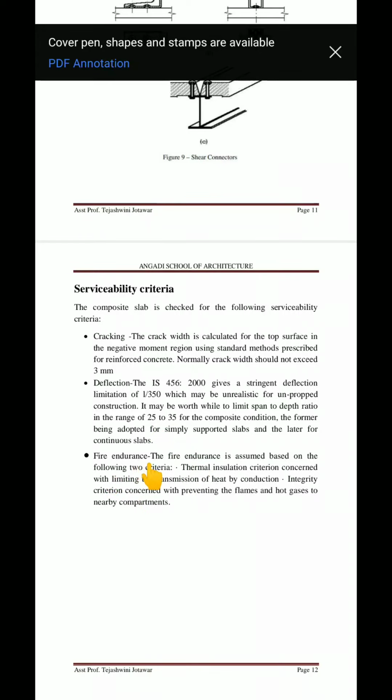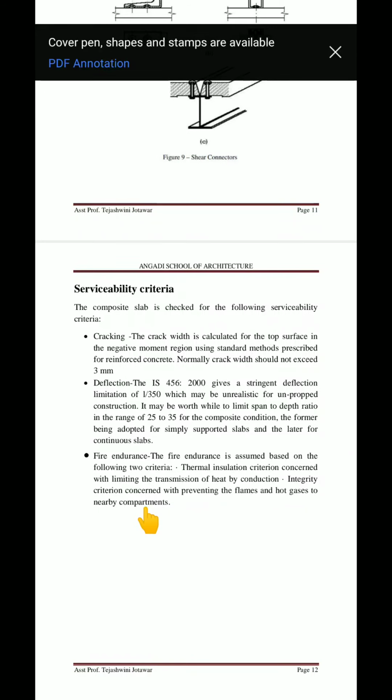Fire resistance. The fire endurance is assumed based on the following criteria. One is the thermal insulation criteria concerned with limiting the transmission of heat by conduction. Second is the integrity criteria concerned with preventing the flames and hot gases from reaching a nearby component.